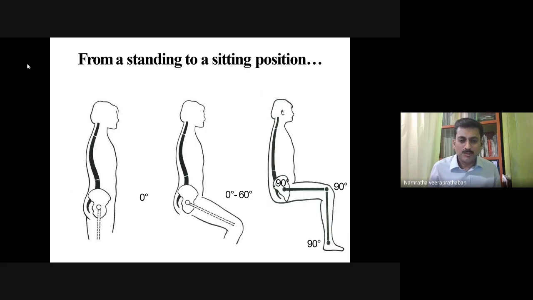If you look at the second picture, can anyone give me the answer? In which situation do we sit with 60 degrees of flexion? Is there any situation where you will sit with a maximum of 60 degrees of hip flexion? Can I get a few answers? Mrs. Rima, you can coordinate with me.